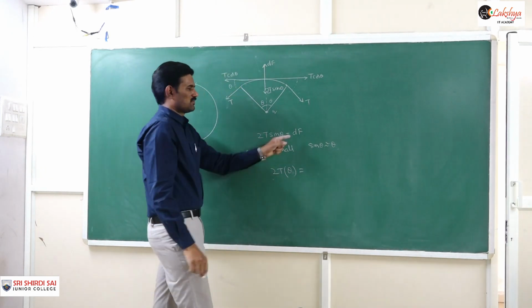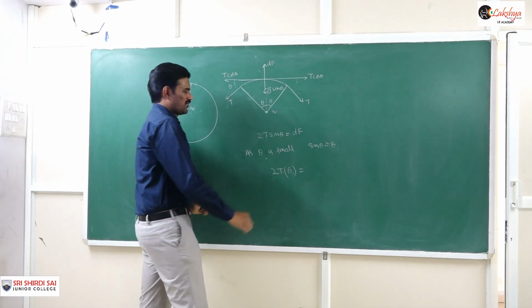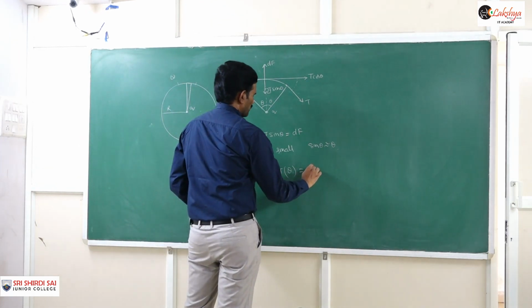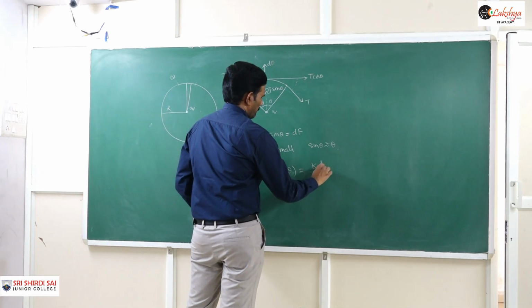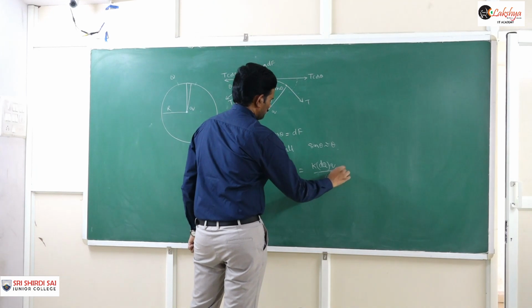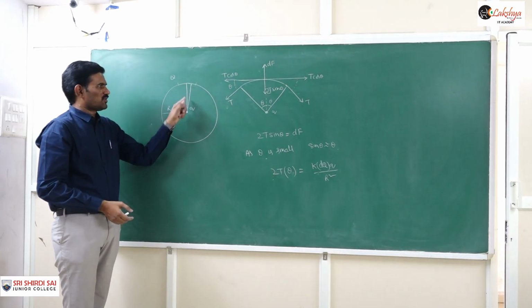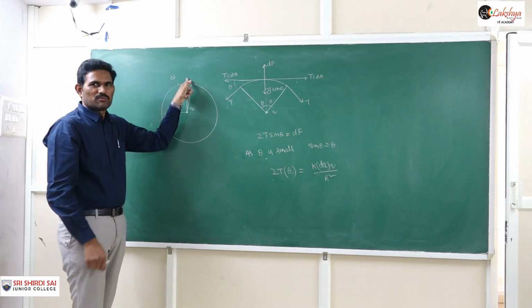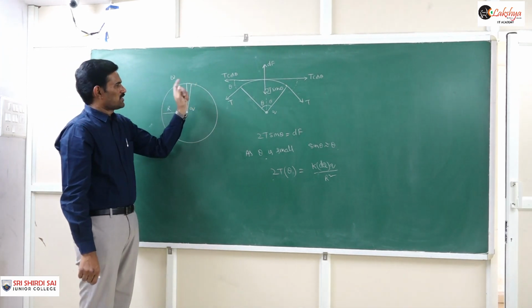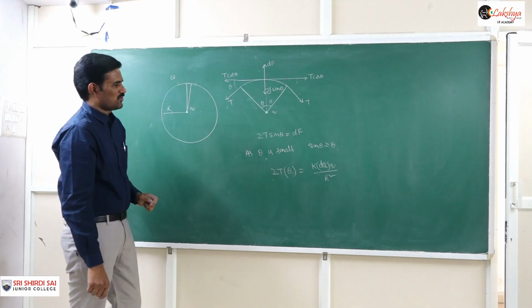This is equal to dF, the force acting on that element, which I can write as K dQ q by R square. That means we are just applying Coulomb's law between the point charge and this small element, where dQ is the charge present on that element.